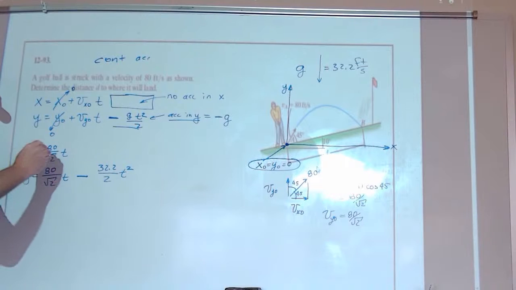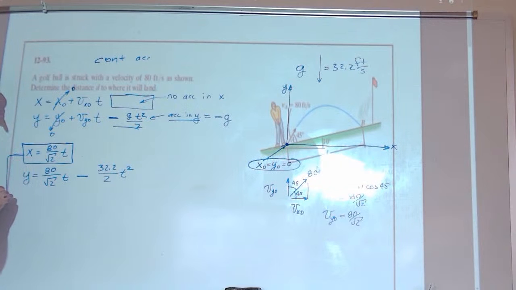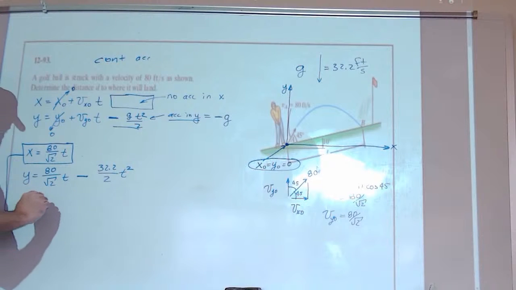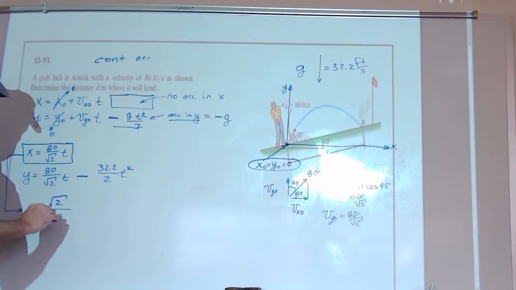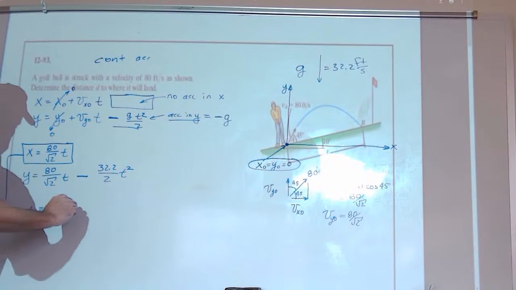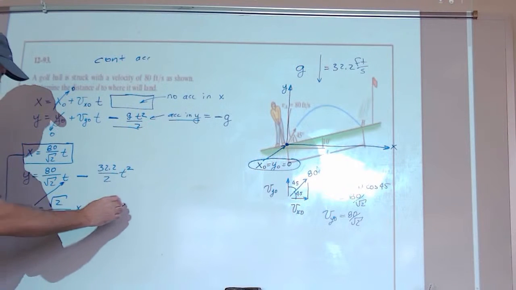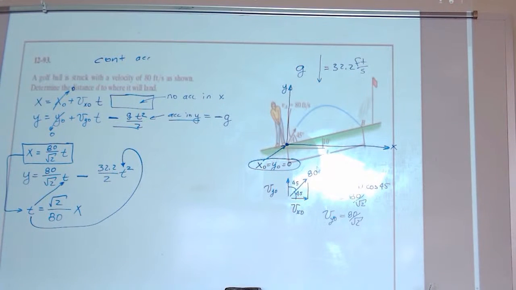So this is convenient because I can say t is equal to square root of 2 over 80 x, and then conveniently put that t back in here, and put it back in here as well. So I end up with y.